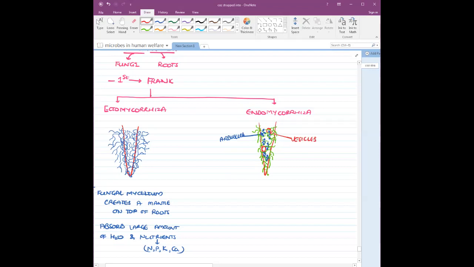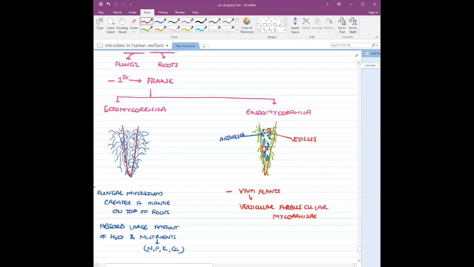Okay guys, let's try to see what happens. So here, what is going to happen? I told you these are also going to be known as your VAM plants, vesicular arbuscular mycorrhizae, or VAM plants.